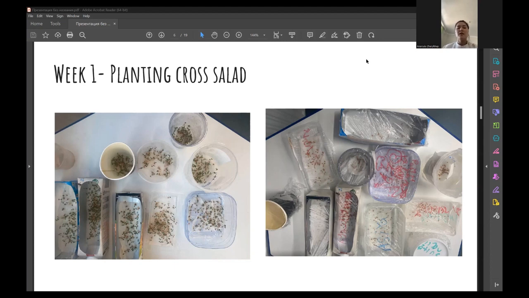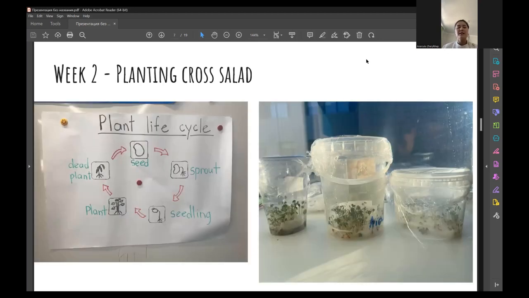And when the students entered the classroom the next day, the first thing they checked was their seeds, and they saw there were some sprouts. And can you please, Mr. Sanders, show the second slide? In the second week slide, there is a poster, plant life cycle. I had this poster on my whiteboard, but I had no chance to actually present it.